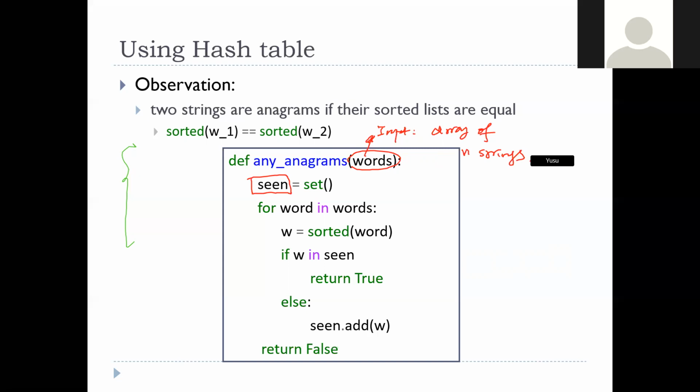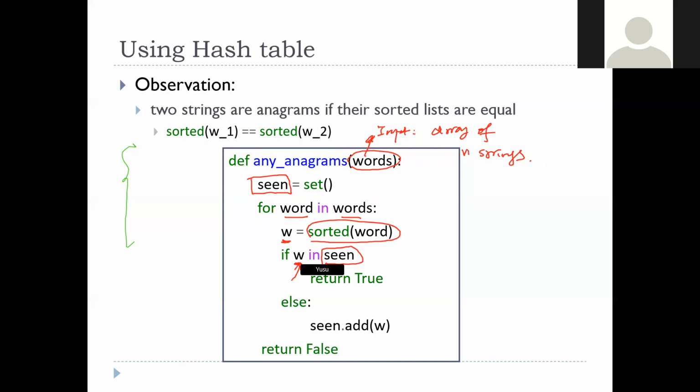Then for each word in this list, I first compute the sorted list. Then I check in this set of strings that I've already seen whether the sorted word is inside.